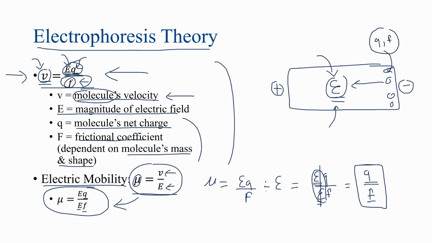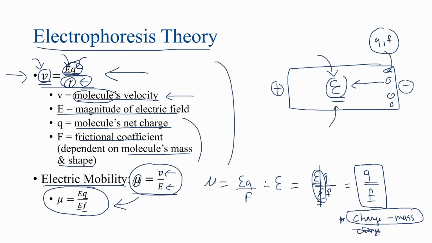So in other words, this is a charge to mass ratio if we neglect to consider the shape of the molecule. So if the shapes of our samples are identical, meaning you are dealing with linear sequences of DNA or linear protein sequences that are not folded due to denaturing, then you would be dealing with a charge to mass ratio.